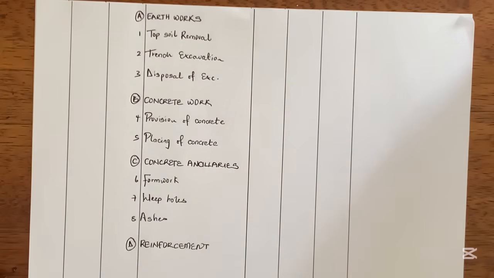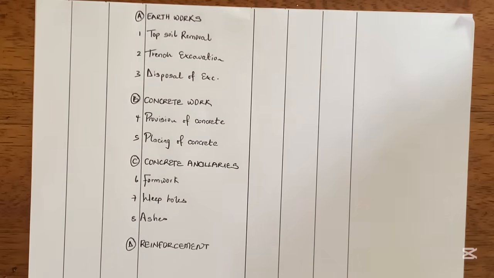Now you can see that concrete work is in civil engineering work and in building works. But the way we measure concrete work in building work is more straightforward than in civil engineering work. Why? Because in civil engineering work, we are dealing with massive structures here.